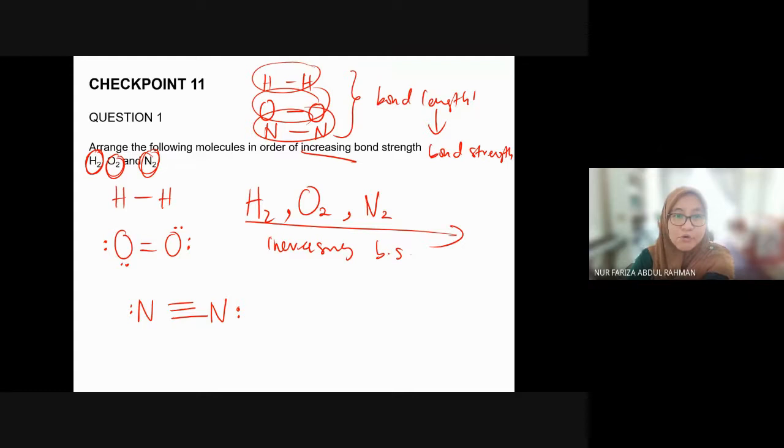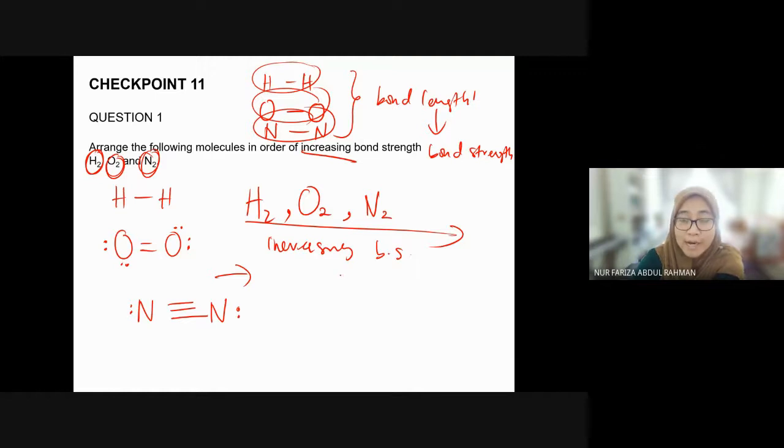Okay, increasing bond strength. Jawab soalan. Kalau dia tanya, walaupun dia tak tanya reason, you justify. Sebab normally soalan mesti akan suruh justify. So you justify: nitrogen has the strongest bond because nitrogen consists of triple bond. The more electron shared, the stronger the bond.